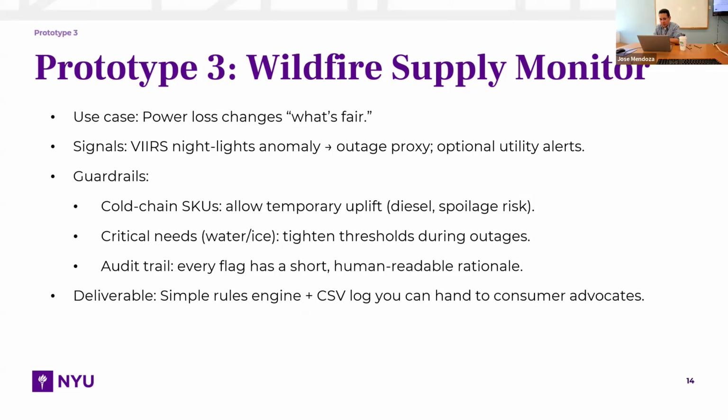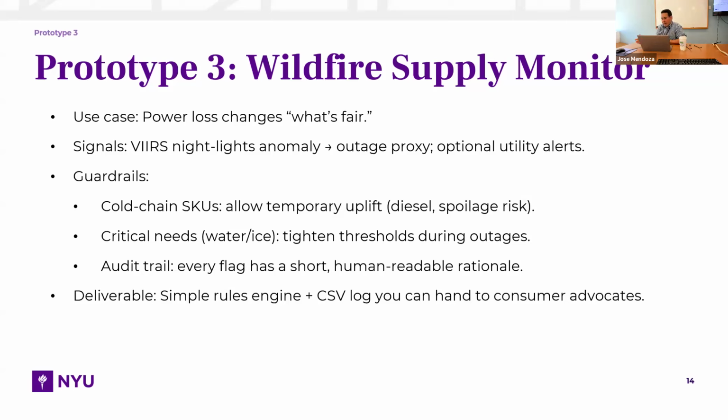For example, it's going to be water, ice, it could be diesel. It could be some products like water, I already said water, light bulbs, candles, batteries. So these are things that will very likely increase in price during this particular emergency. So we can just focus on looking at these products.